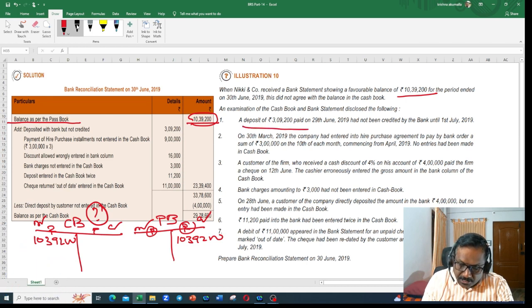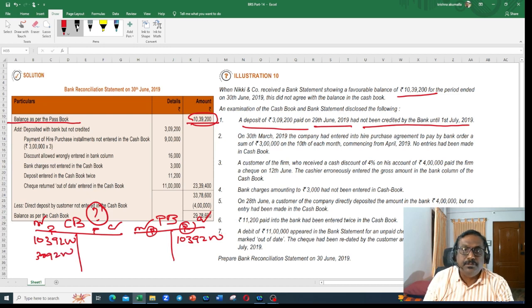A deposit of 3 lakhs 9,200 made on 29th June 2018 had not been credited by the bank until 1st July 2019. So a check deposited, 3 lakhs 9,200. Where do we record it? 3 lakhs 9,200 we debited in our cash book here.